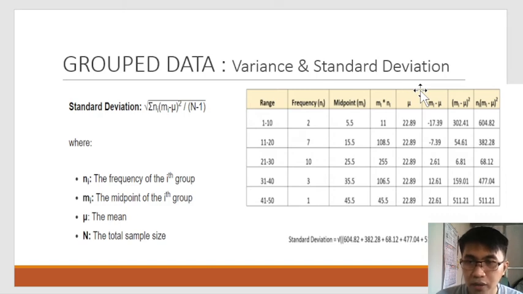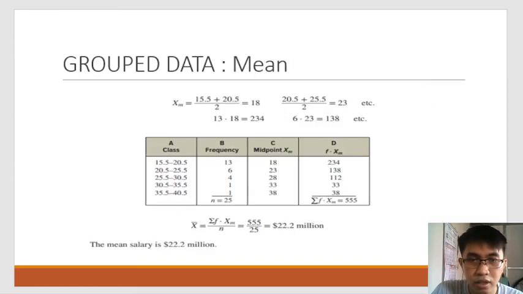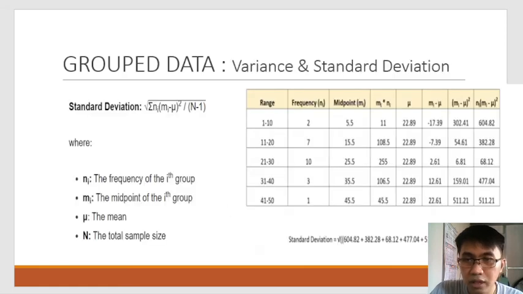So, okay, paano pong makompute itong mean? Ito na po yung diniscuss ko kanina. Meron po tayong formula dyan, yung summation ng f times the midpoint divided by n, dahil group data pa rin naman po ito. So, ang makukuha po nating mean dyan for the entire is 22.89.